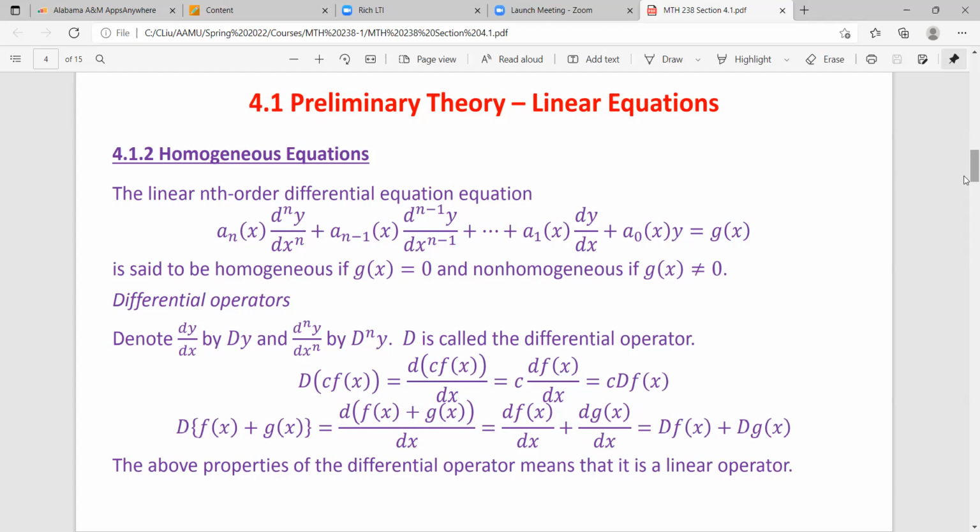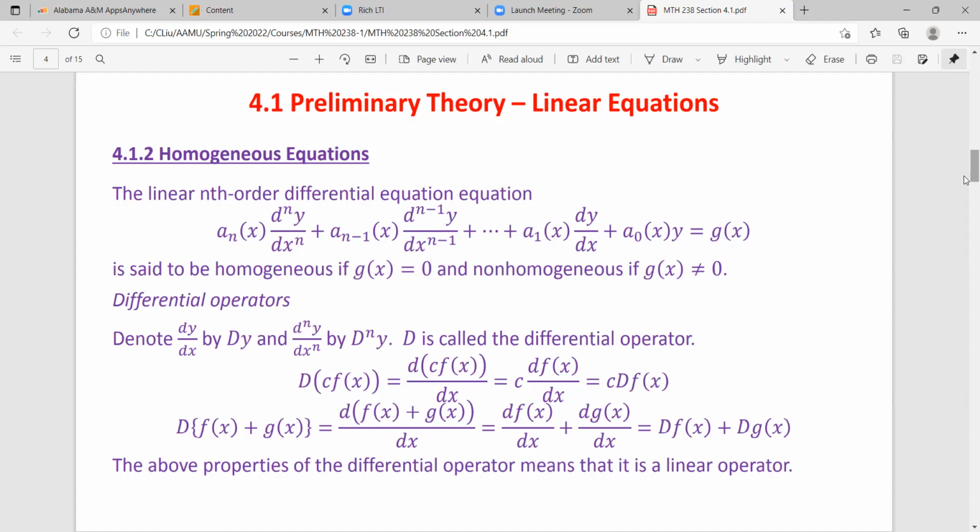But the right hand side is 0. The left hand side is still the same. So this simplifies the situation quite a bit. And then we try to solve this equation when the right hand side is 0. And we call this equation homogeneous.